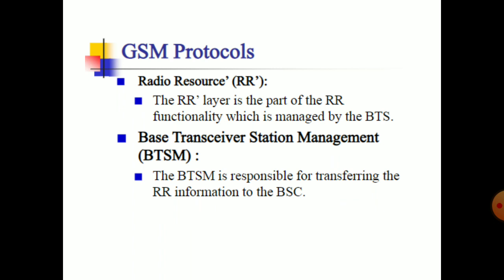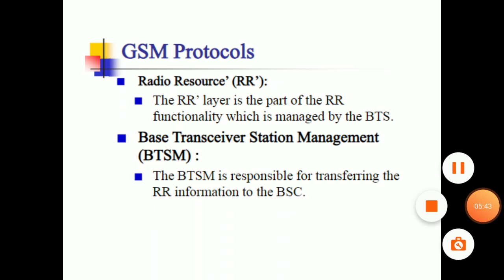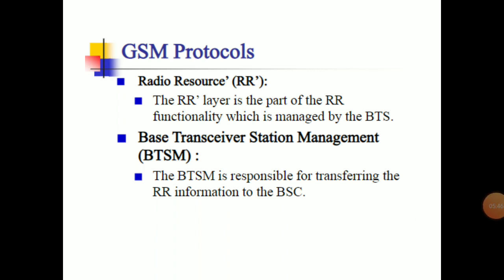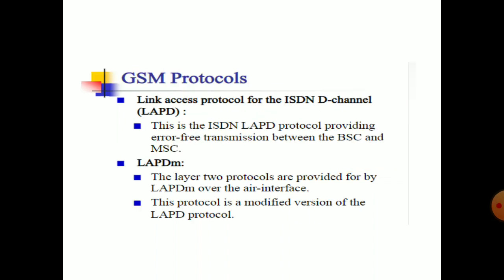Radio resources are also part of the functionality managed by the base transceiver station. The base transceiver station management is responsible for transferring the radio resource information to the base station controller.